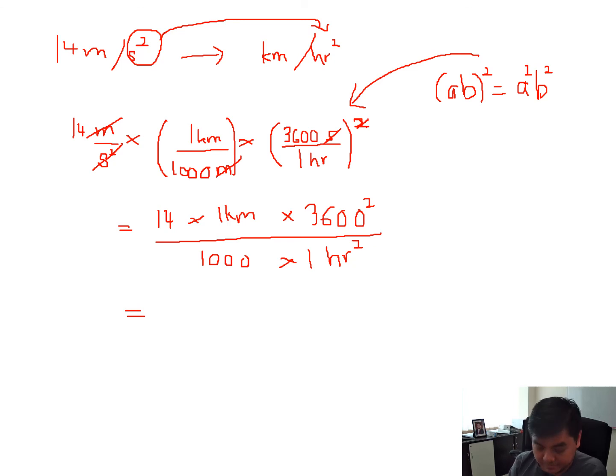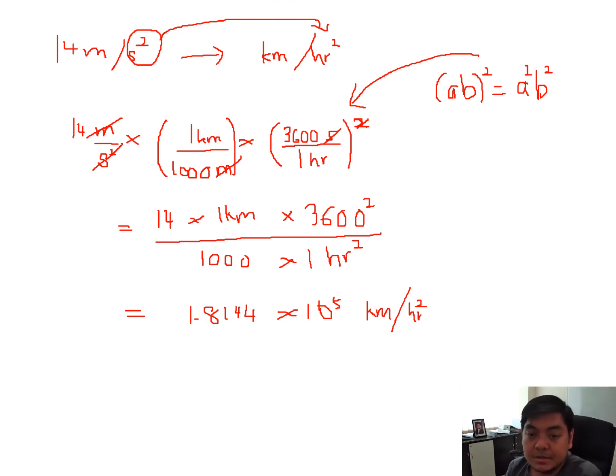So let's calculate. 14 times 3600 squared, divided by 1000, and the answer will be 1.8144 times 10 to the power of 5 kilometers per hour squared, km/hr squared. Okay.